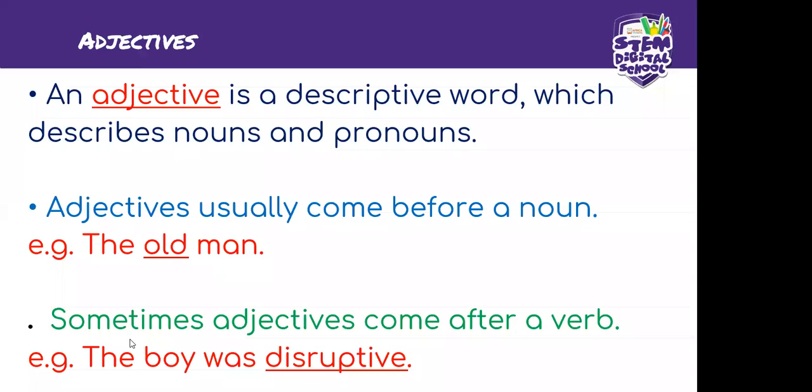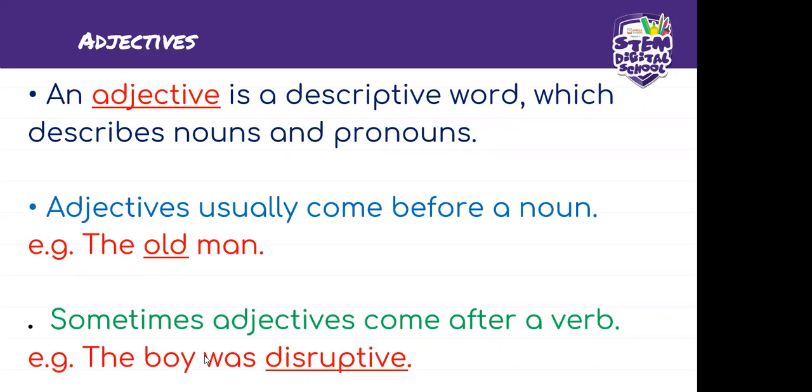Another example: sometimes adjectives come after a verb. Here's an example. The boy was disruptive. So which one here is the verb? From here we see that the is an article, boy is a noun, disruptive is an adjective.